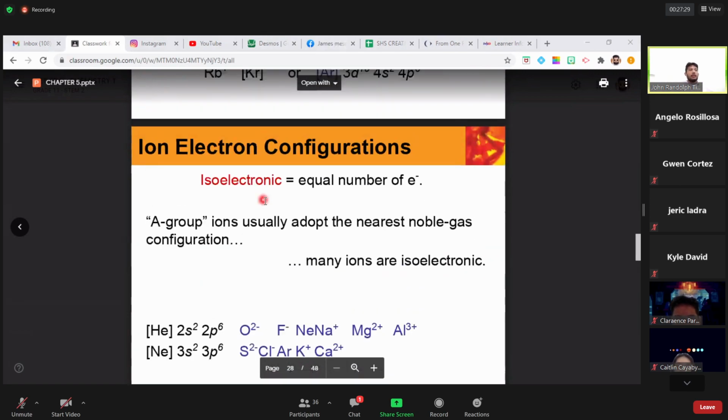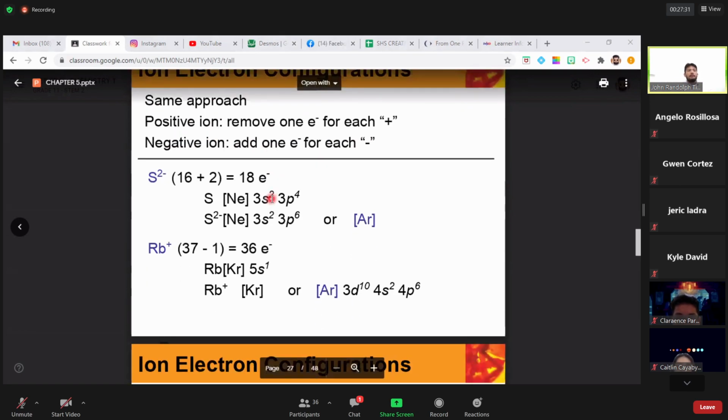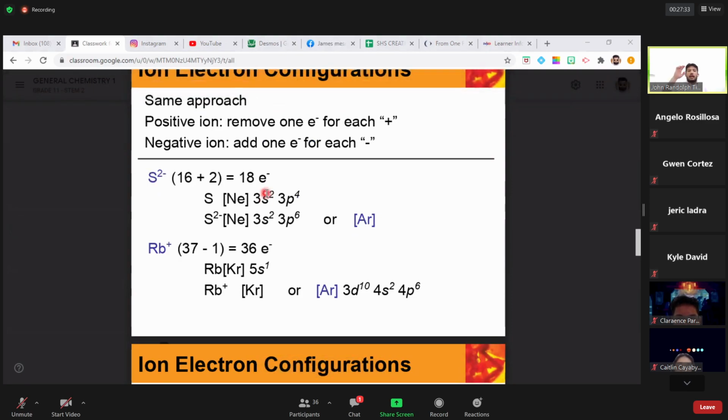Remember ha, tingnan nyo itong example dito. So calcium 2 plus, check your periodic table. Dalawa yung sagot nyo dito guys: the electron configuration of the neutral atom calcium, plus the electron configuration of the ion calcium 2 plus.